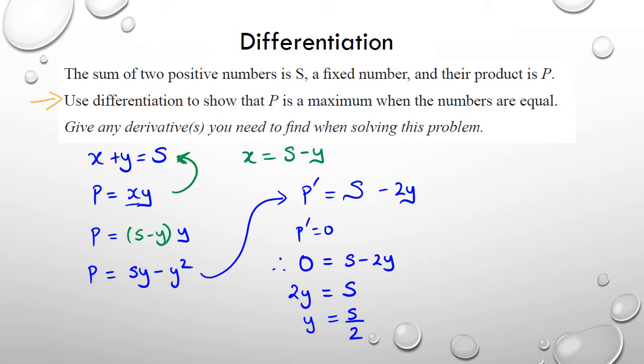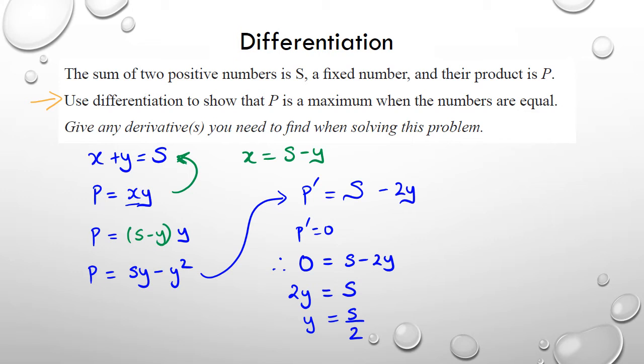Just looking at this, it's telling us that the total divided by 2 gives two equal parts. If s is the total and you divide it by 2, you get 2 equal parts. But we're going to prove that.